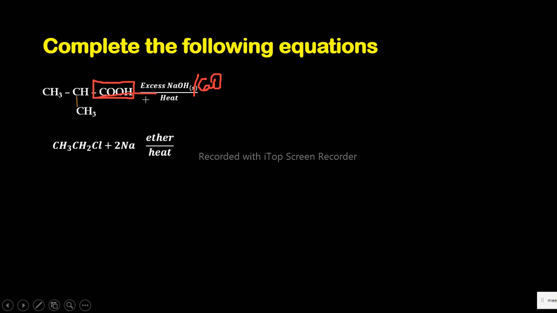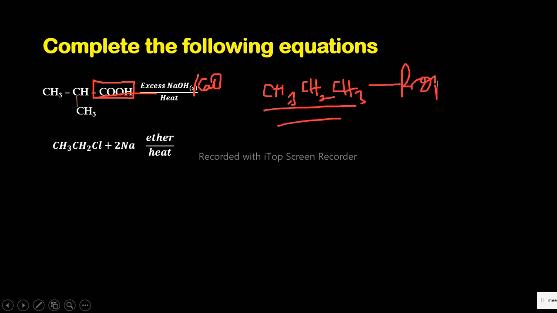So, what does that mean? It means the carboxyl group is going to go away. And what shall we form thereafter? We shall form CH3, CH2, and finally CH3. And what is this? This is n-propane. That's brilliant work.